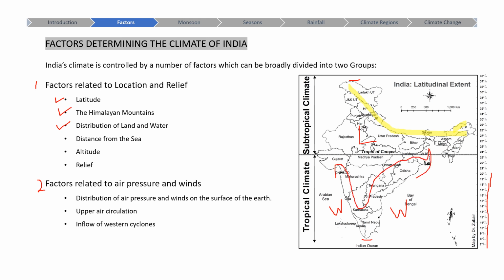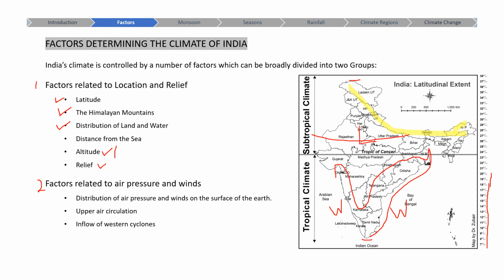These areas are closer to the seas. On the other hand, these areas are far from the sea. Altitude. Altitude is what is the height at a point from the mean sea level. So as altitude increases, temperature decreases.